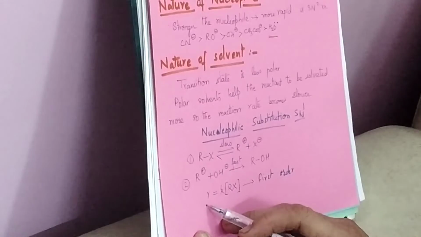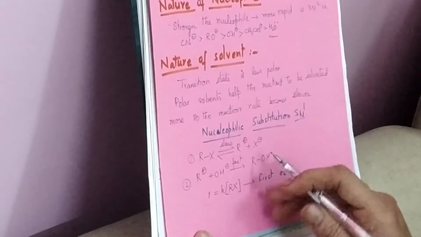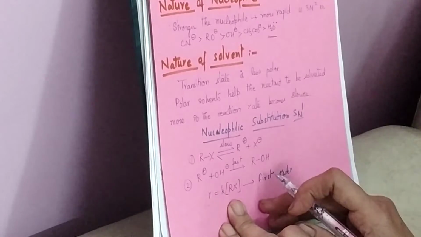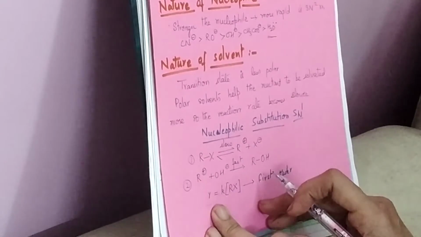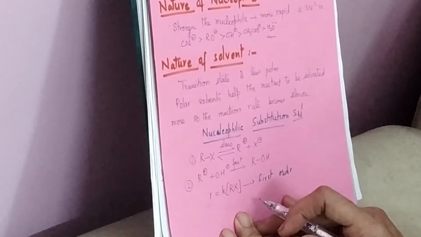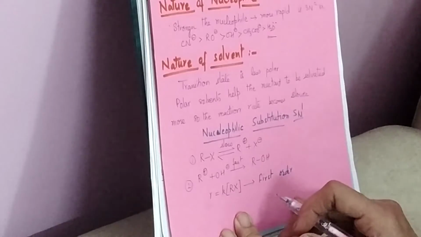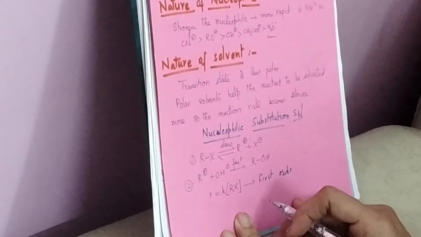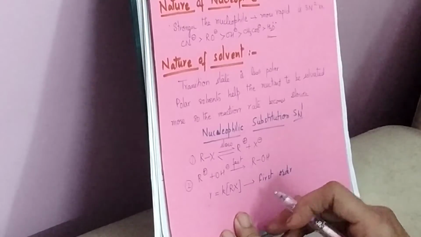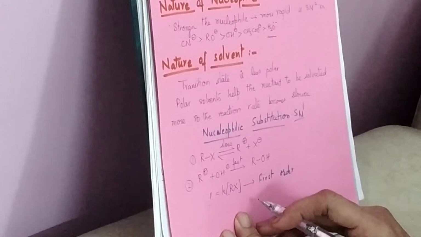That means that the rate of reaction here will depend only upon the concentration of RX, that is the alkyl halide, and hence you can write the rate equation as rate equals k times the concentration of the alkyl halide, which makes it a first order reaction, and this first order reaction can also be called an SN1 reaction, that is a unimolecular reaction.